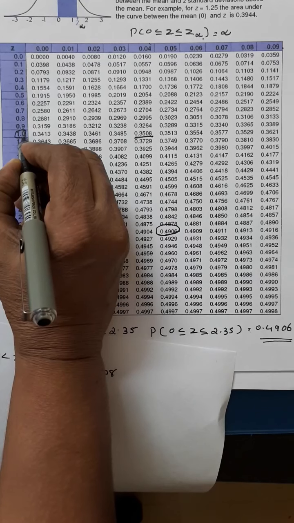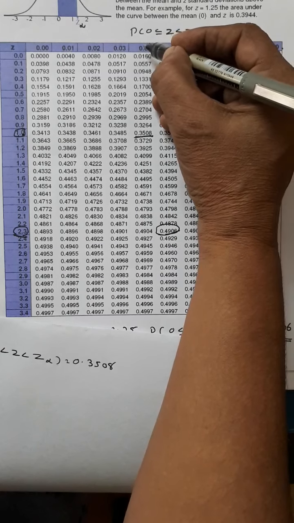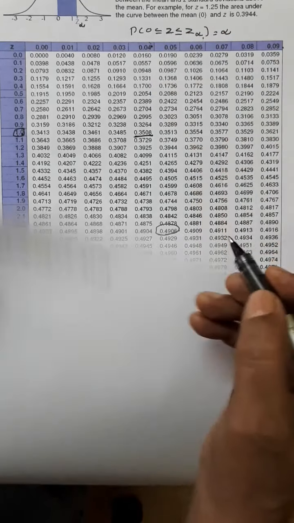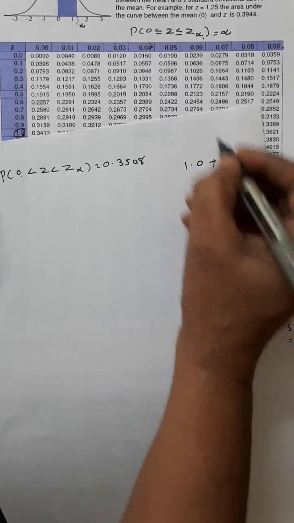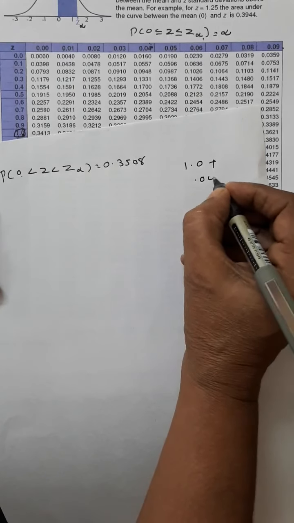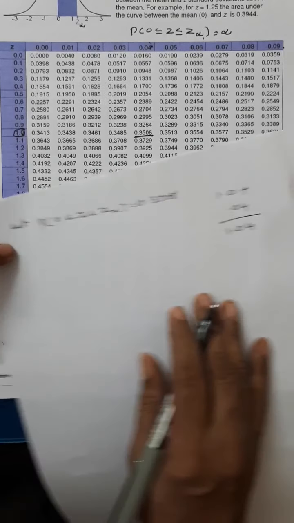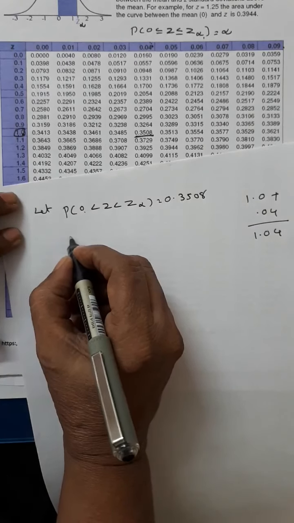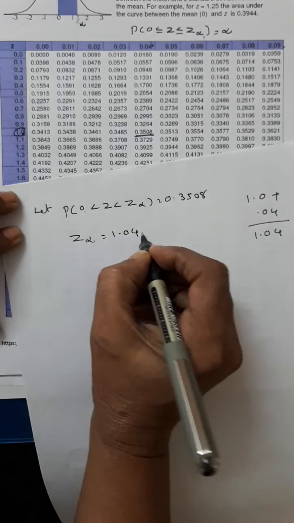After reaching the value in the body of the table, move towards the row heading, that is 1.0, and move towards the column heading, that is 0.04. Adding the row heading 1.0 and the column heading 0.04 together, we get 1.04. Therefore, the required result z alpha is 1.04.